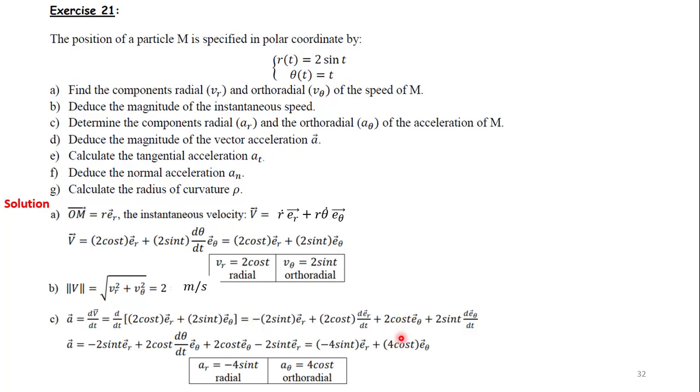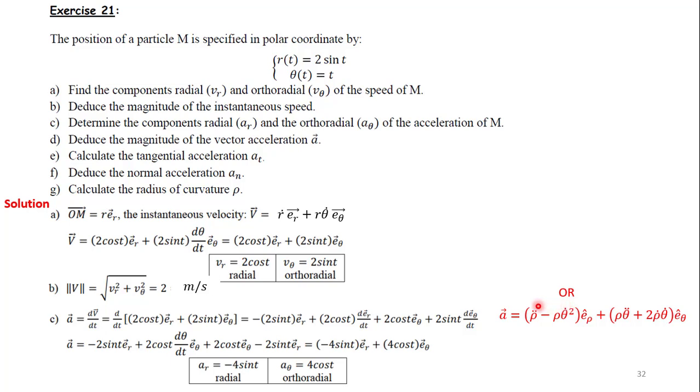The second method is just to use the rule, which is that the acceleration vector is equal to (rho double dot minus rho theta dot squared) e rho plus (rho theta double dot plus 2 rho dot theta dot) along e theta. So in this expression, you don't have to take any derivative of the unit vectors with respect to time.